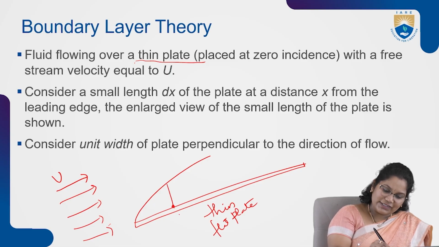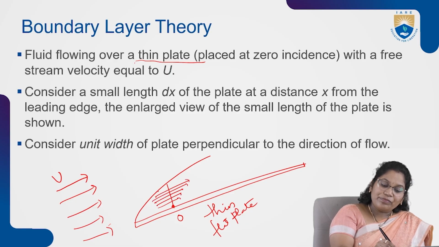At the wall the velocity is 0, and as you move further, the velocity increases. At one point, the velocity becomes equal to the free stream velocity.